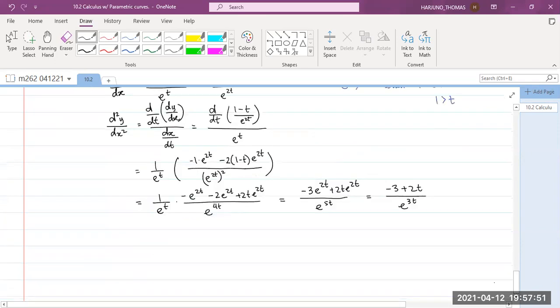Now then, that's concave up. So the curve is concave up when the second derivative of y with respect to x is positive.